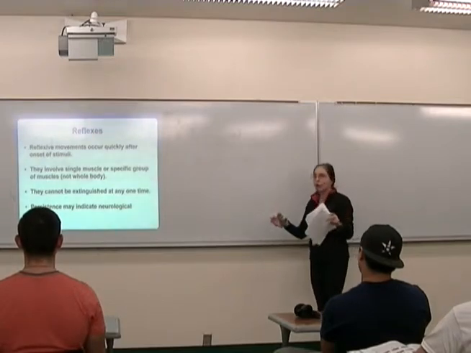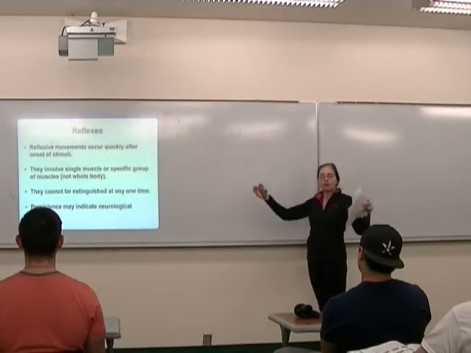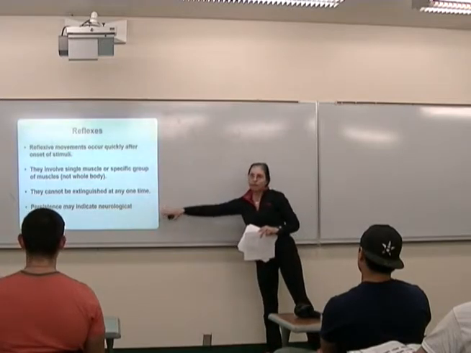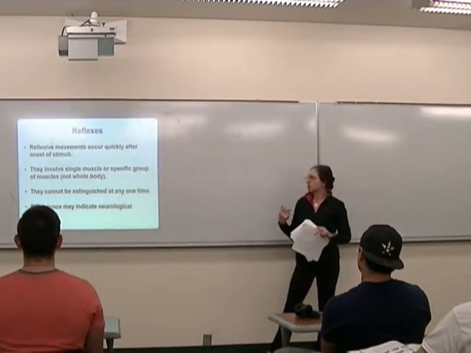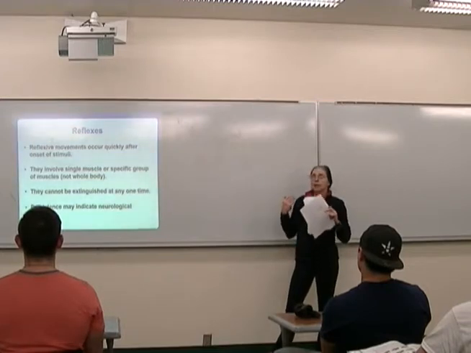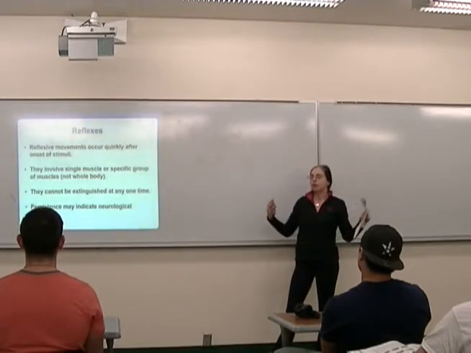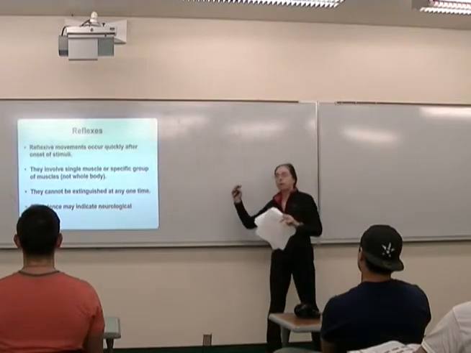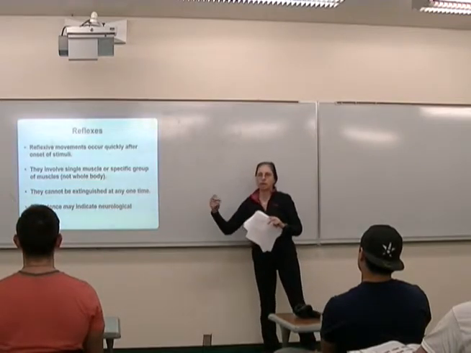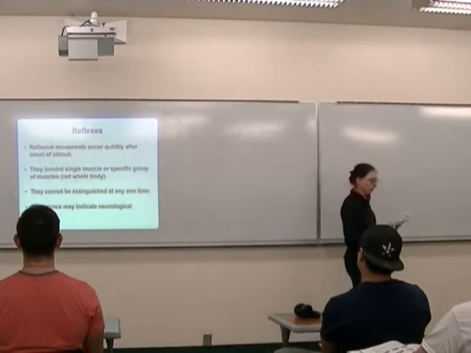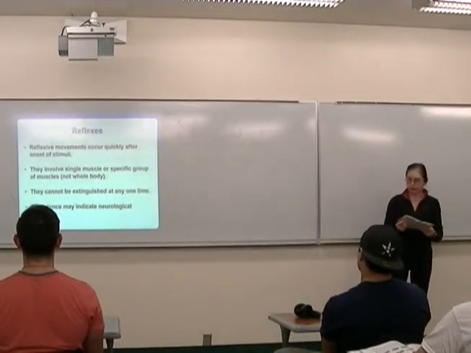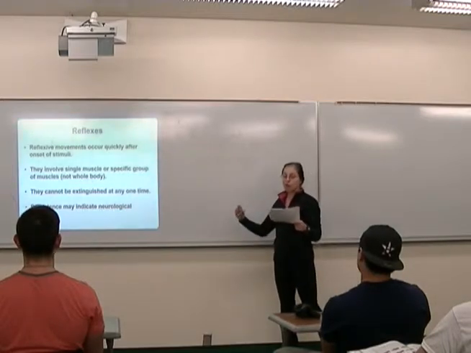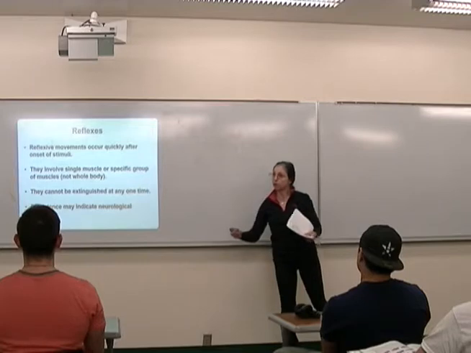So there's not an exact time point, there's a range of age that you would expect to see these. If we see persistence, a significant amount of time outside the range that is considered normal, then that might indicate some kind of neurological problem. So we can use them to check for typical development.